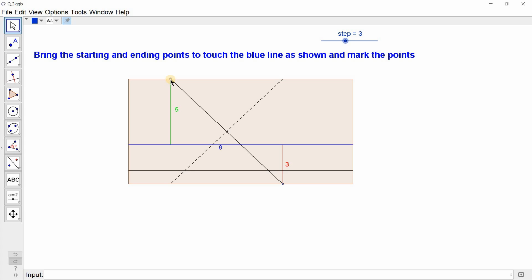Then I will fold this point in such a way that it just touches the blue line, and I'm going to shift this point such that the back end of the paper just touches the midline or the midpoint, and the top point touches this blue line. Then we are going to mark this point and again unfold the paper.